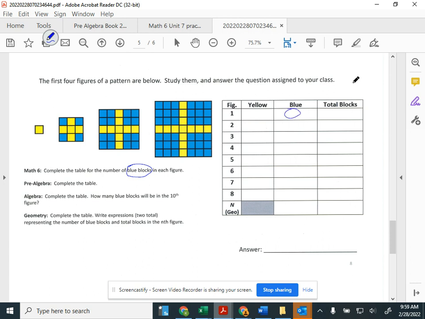There aren't any. How many blue blocks are in figure 2? 4. How many blue blocks are in figure 3? 16. And how many blue blocks are in figure 4? 36.